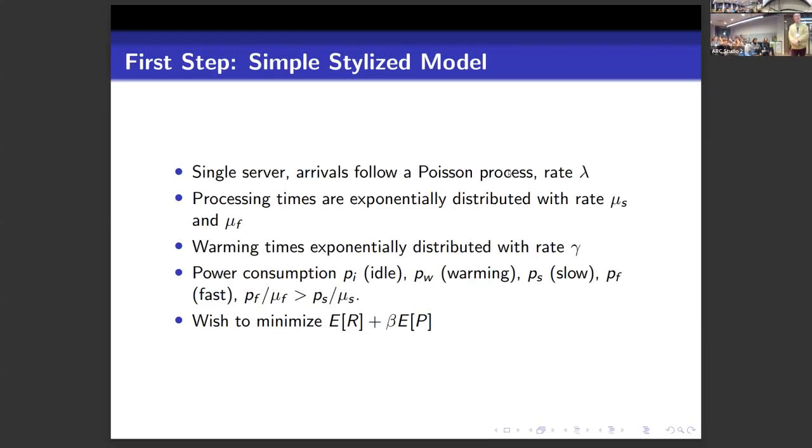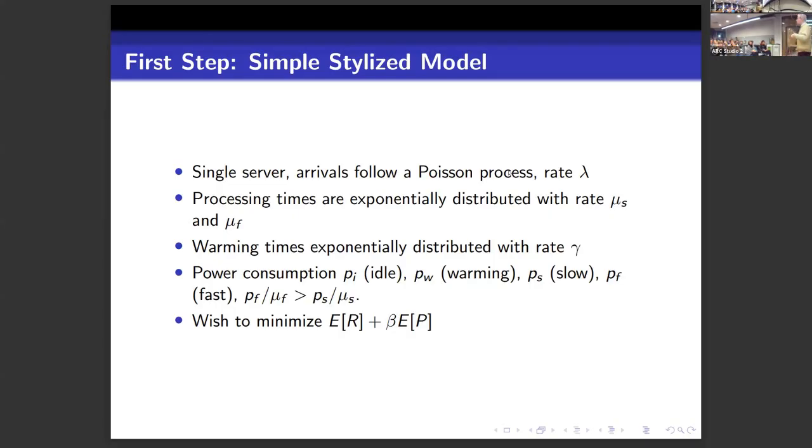Then there are different power consumptions depending on the state of the server: PI when it's idle, PW when it's turning on, PS when I'm operating at the slow rate, and PF when it's operating at the fast rate. I won't go into this, but the assumption is that there's a trade-off between the power consumption and the speed of the two particular rates.